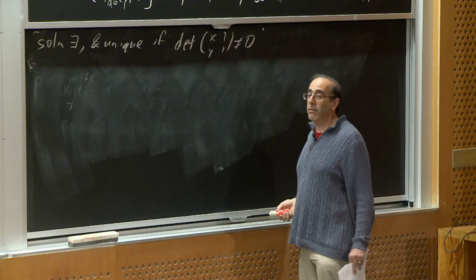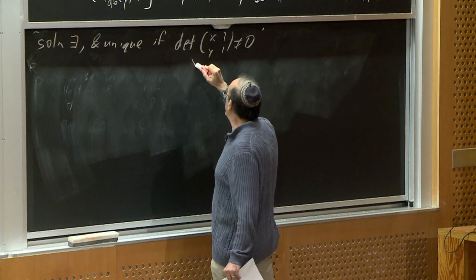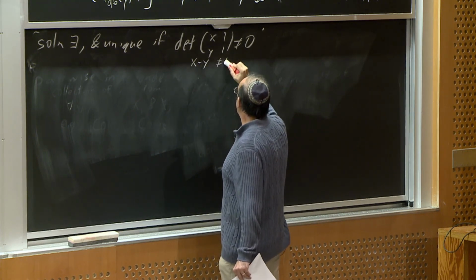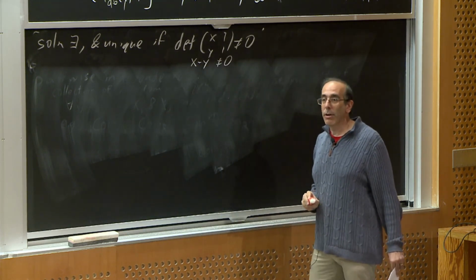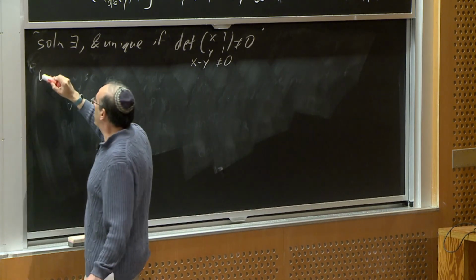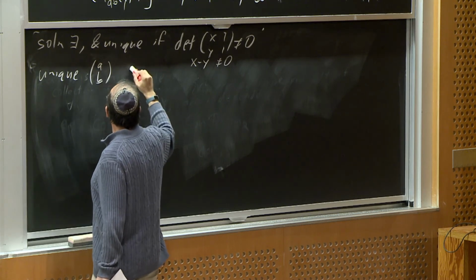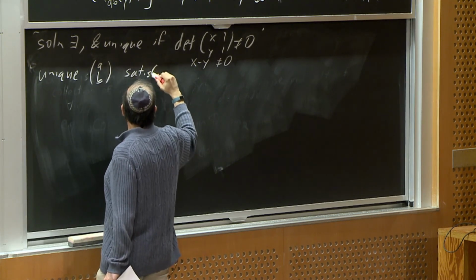But what is the determinant of this matrix? It's x minus y, which is not 0 because x is not equal to y. So in fact, there is a unique solution to this matrix equation that satisfies this outcome.